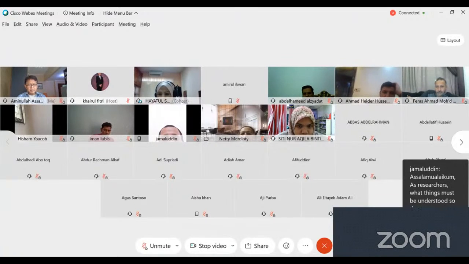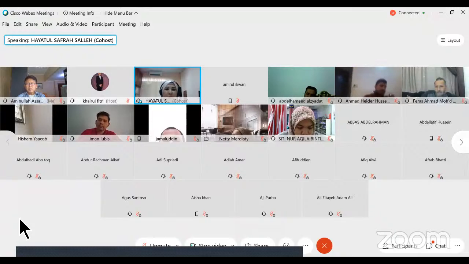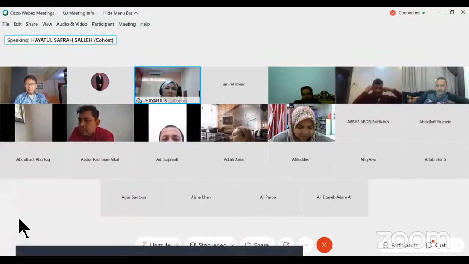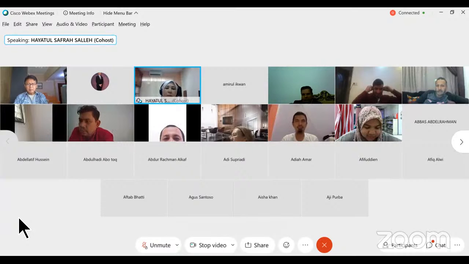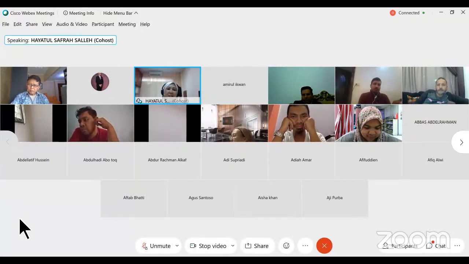How to find novelty variables or measurement variables. Okay, about the variables, if you ask where to find them, it's all inside the journals and the articles that you are reading. That's why for PhD or master students, you have to read a lot of literature and past studies.